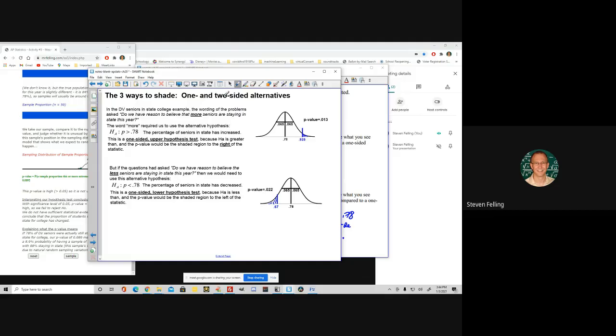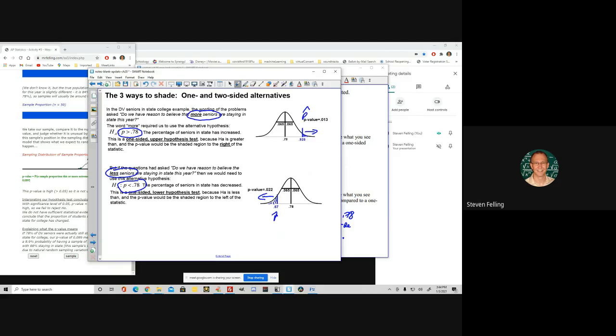The first case is if we have wording that says more seniors are staying in state, then we make the alternate hypothesis greater than. The null hypothesis is always equal. Then we shade to the right of the p hat boundary value. But if the question asks, do we have reason to believe that fewer seniors are staying in state, we make HA less than, and then whatever p hat value we have, we shade to the left of that, regardless of what side it's on.